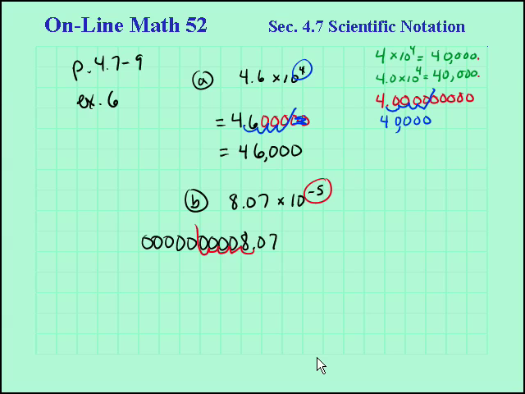What we get is a decimal point right there, and then 0, 0, 0, 0, 8, 0, 7. We no longer have a decimal point within that. Usually we'll represent it as 0.0000, excuse me, that was way too many. 0.0000807. That's the expanded form.